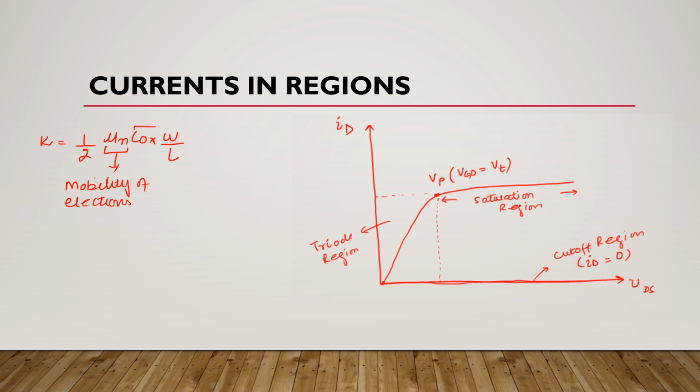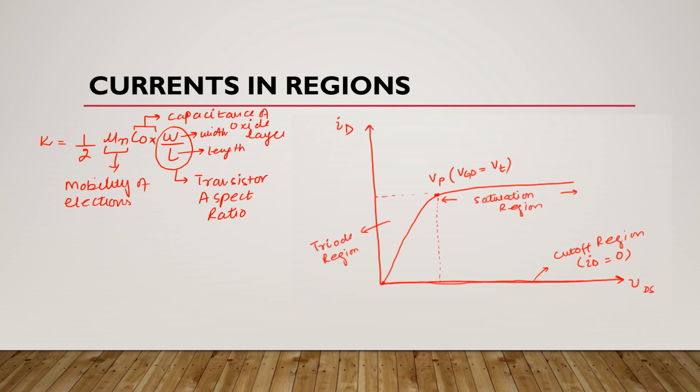This term is capacitance of oxide layer, and this ratio is transistor aspect ratio, where this is width and this is length.